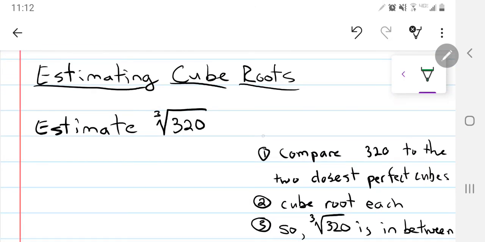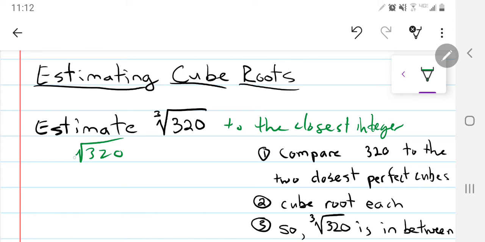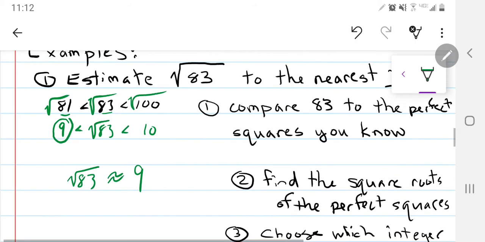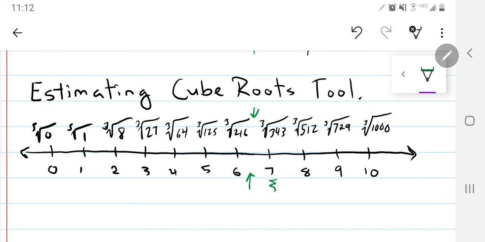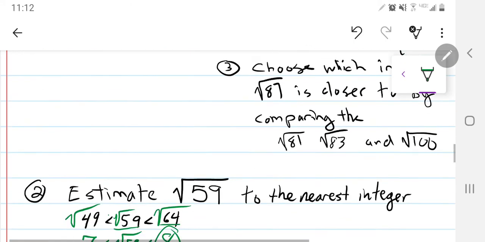So when we estimate this, I forgot to put estimate that to the closest integer. All right. So we write down the ones that are the closest that we know of. Our perfect cubes. So we look at our little cheat sheet here. It's in between 216 and 343.